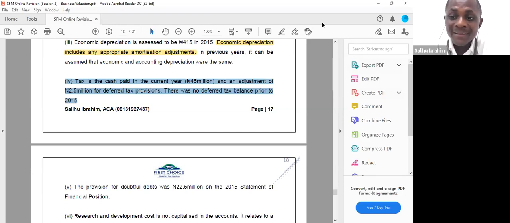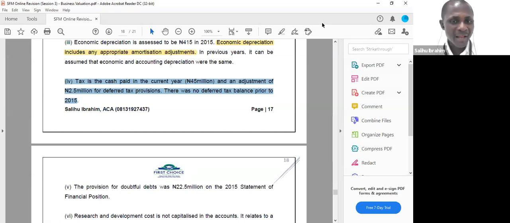The question has told you that the first year of the research and development is 2015, so I will capitalize it in 2015. If you add it to 2014 capital employed, consider that I'm making a mistake. You need capital employed of 2014, and research and development is for 2015, so it does not affect the capital employed for 2014.